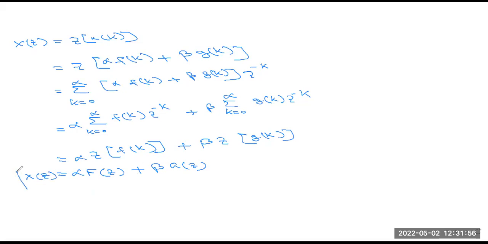This is basically called the linearity property. So X of z equals alpha into F of z plus beta into G of z. Is it clear?